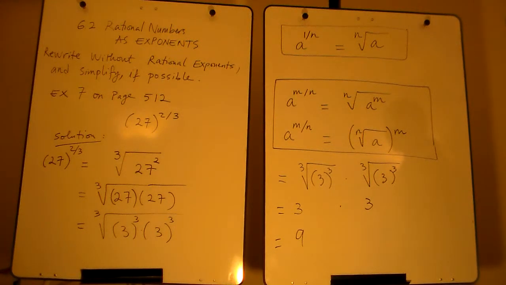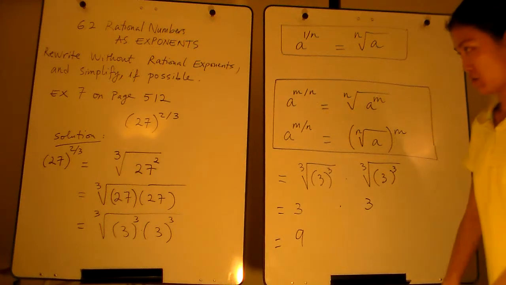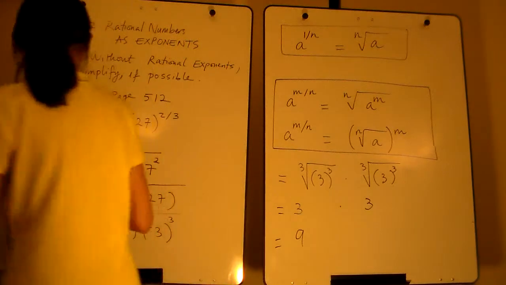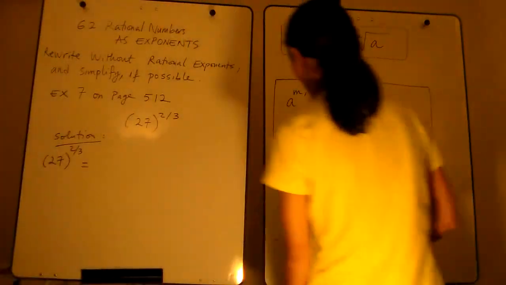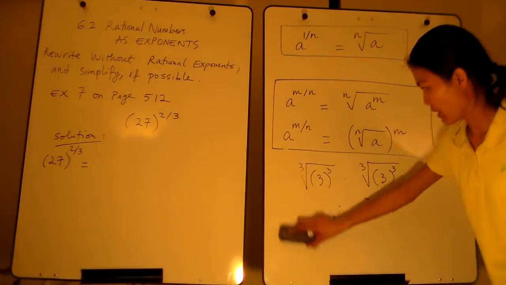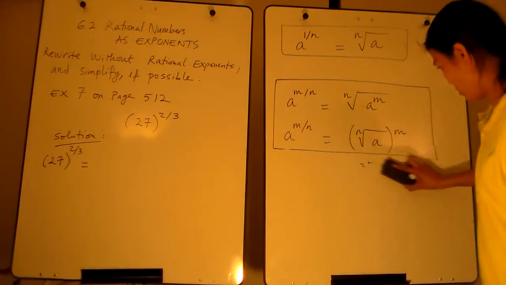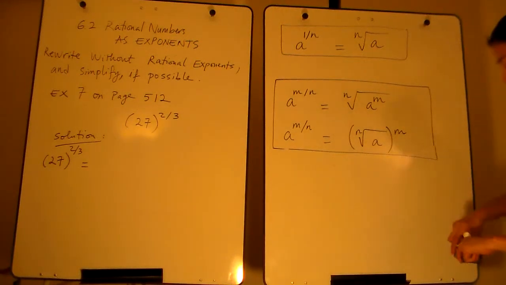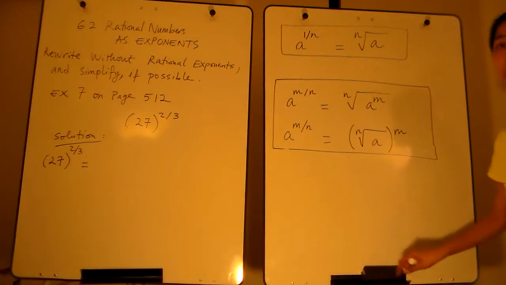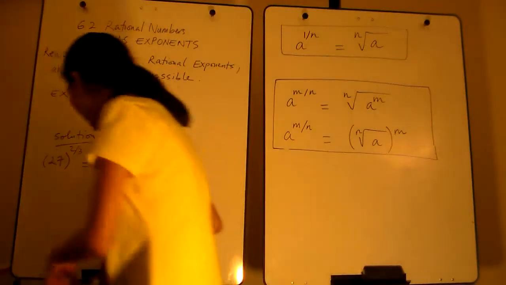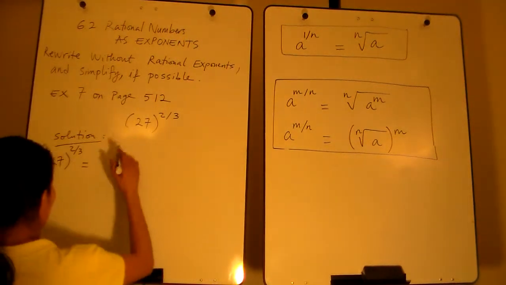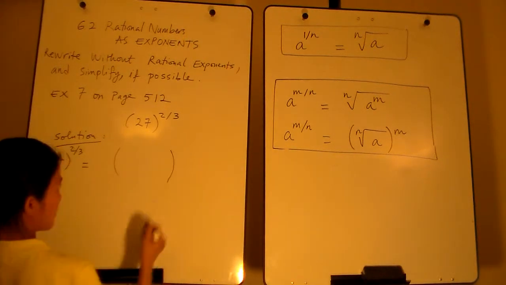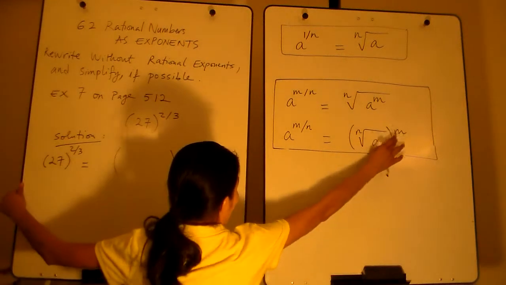Okay, let me try using the other formula. Now you know the answer is 9, so if we use the second formula to simplify, we should get the same value, 9. Start with this, and I'm going to convert to this form. Raised to the m power.